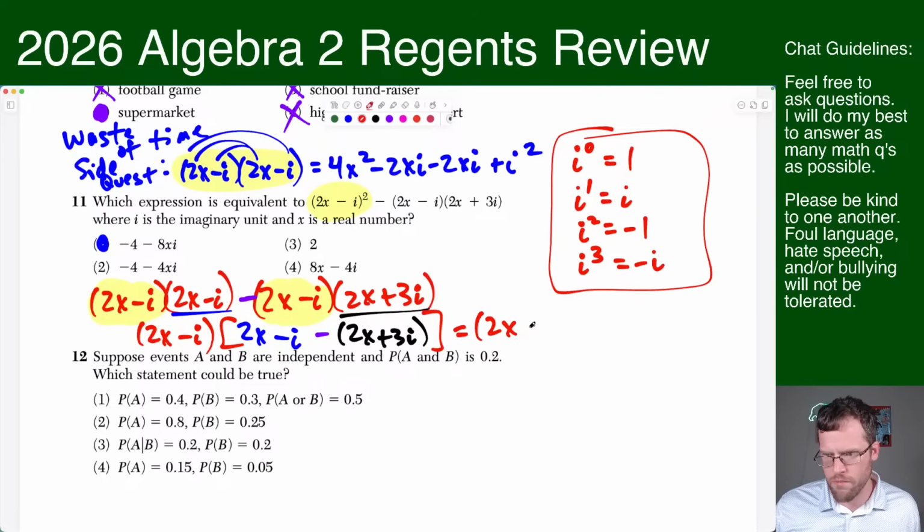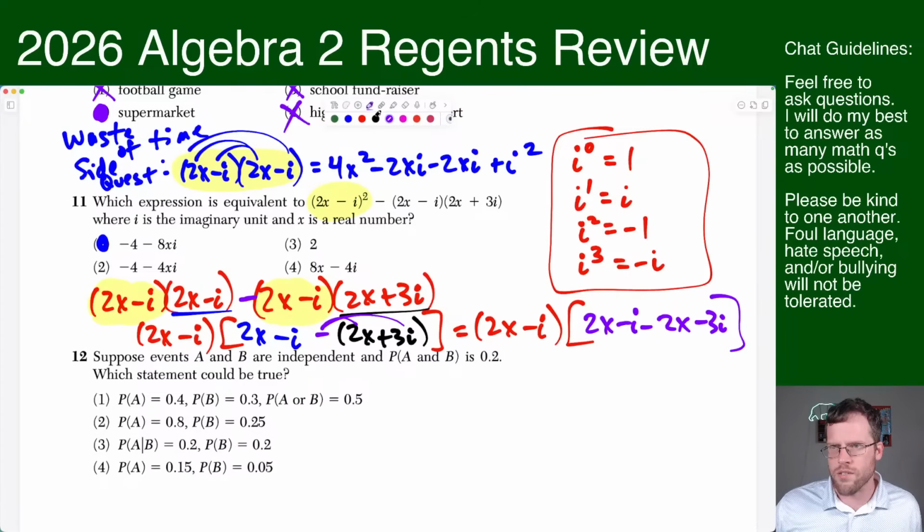So here, 2x minus i times, and now a common mistake amongst really strong students is forgetting to distribute that negative. They just go minus 2x, but they forget to say minus 3i. So you get 2x minus i, and then minus 2x minus 3i. Now just simplify carefully. 2x minus 2x just cancels.